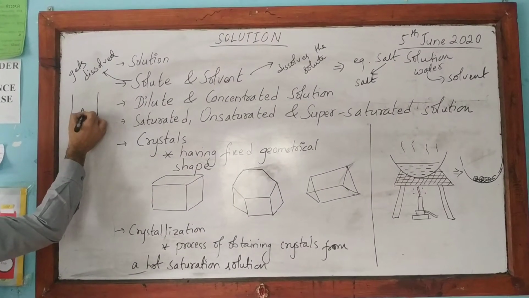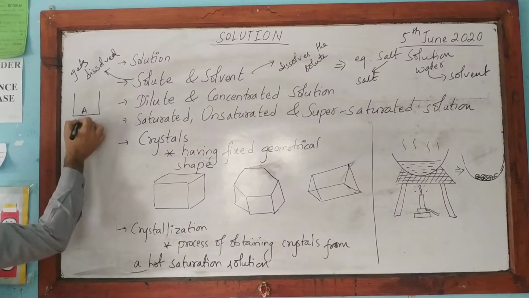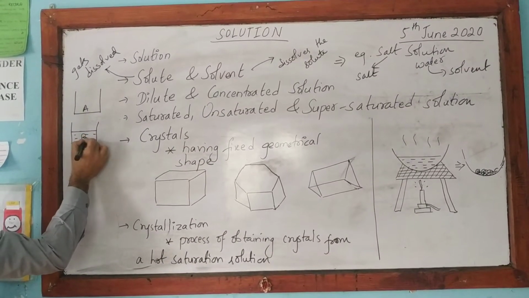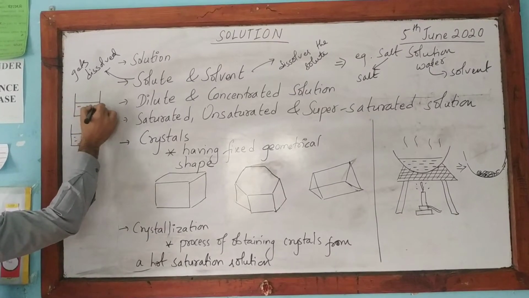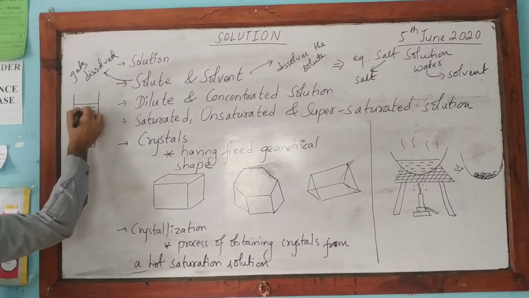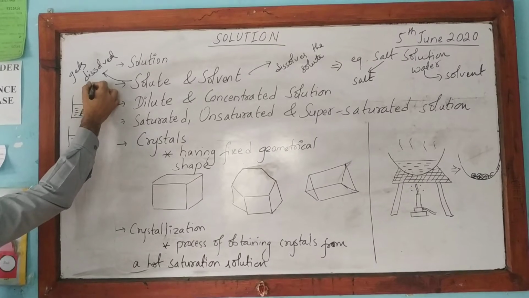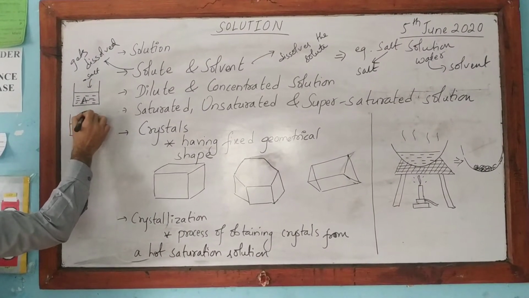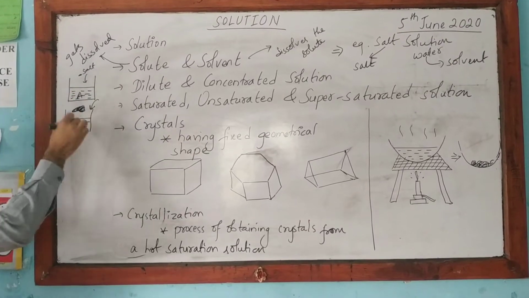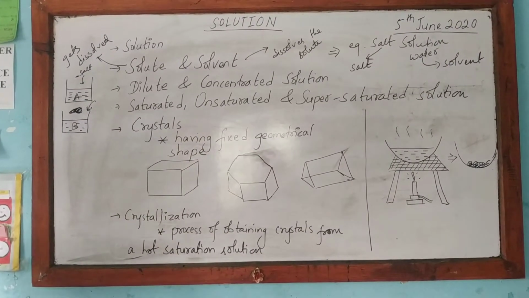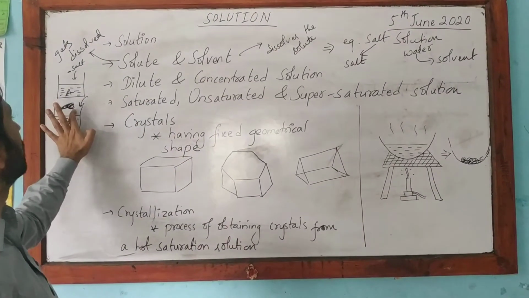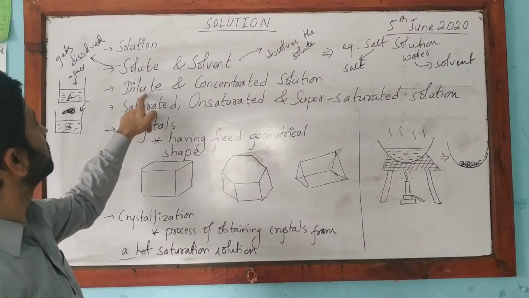If I take two beakers, A and B, both with equal amounts of water, equal amounts of solvent, less salt gives a dilute solution, more salt gives a concentrated solution.